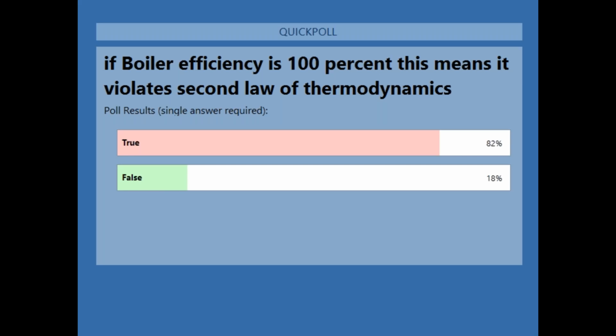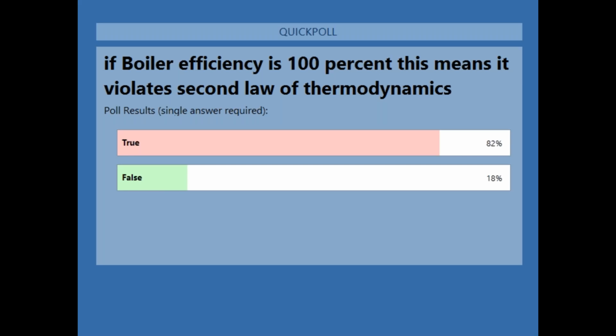So theoretically speaking, one can have a boiler whose efficiency is 100%. That is perfectly possible because there is no thermodynamic constraint of having a boiler of efficiency 100%. Is this clear? So boilers can have an efficiency of 100%.